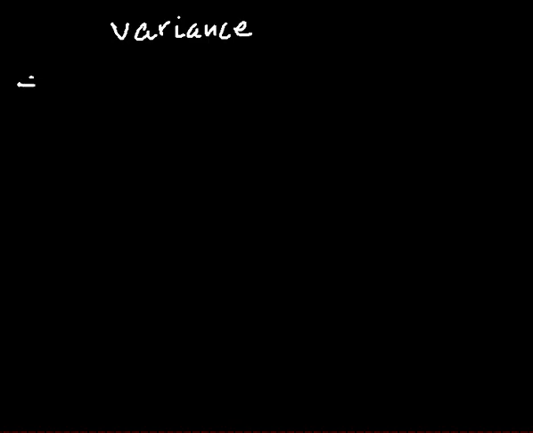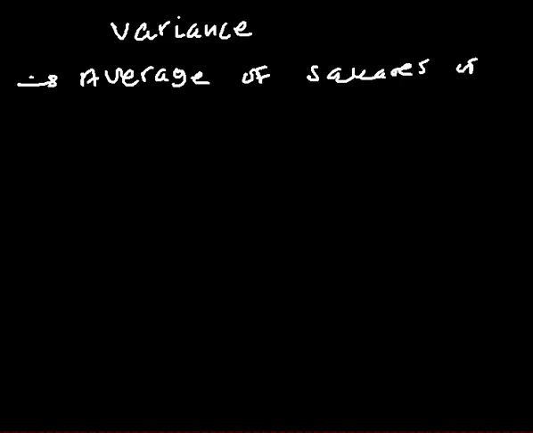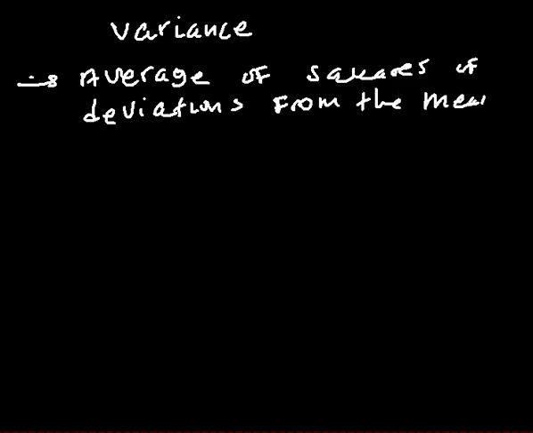So this is said to be the average of squares of deviations from the mean. That is the definition of the variance.